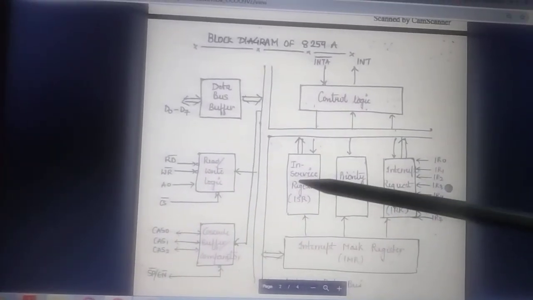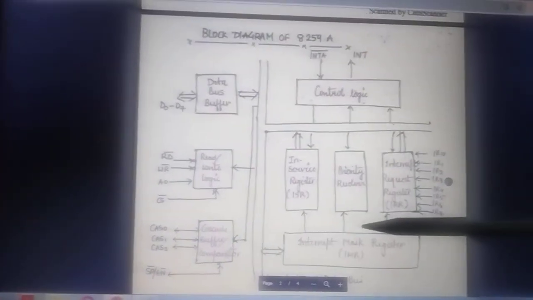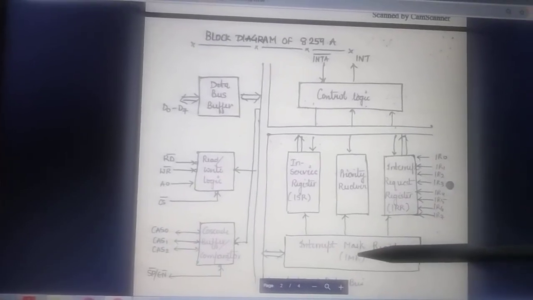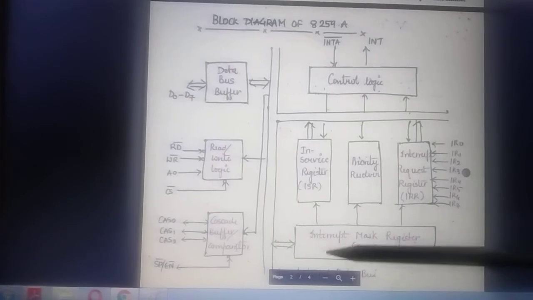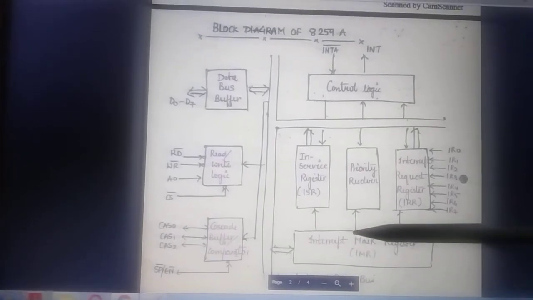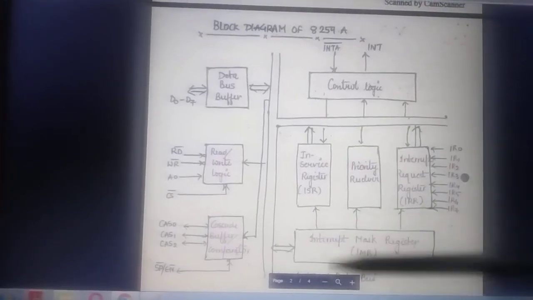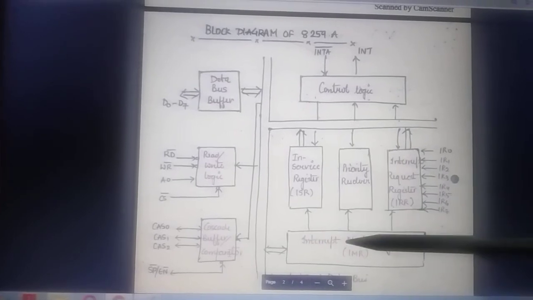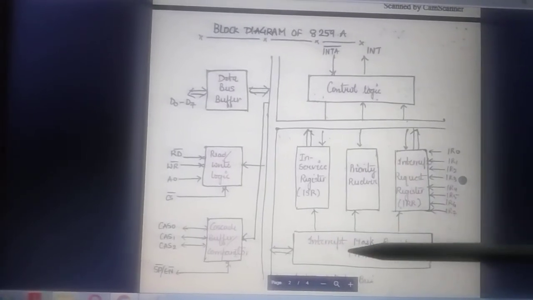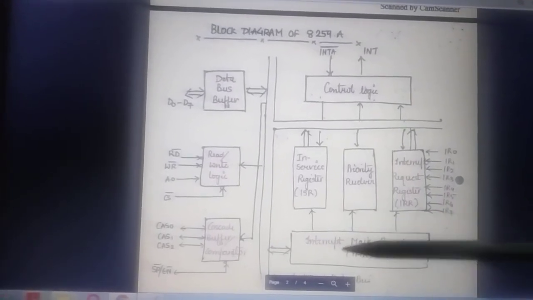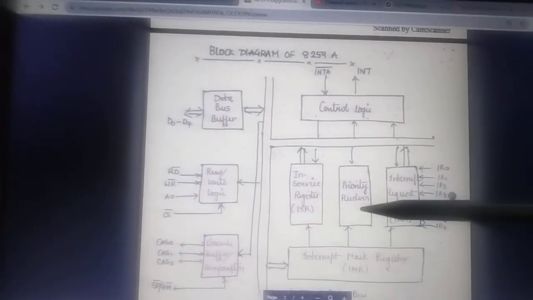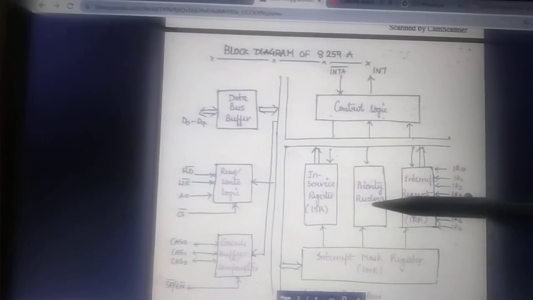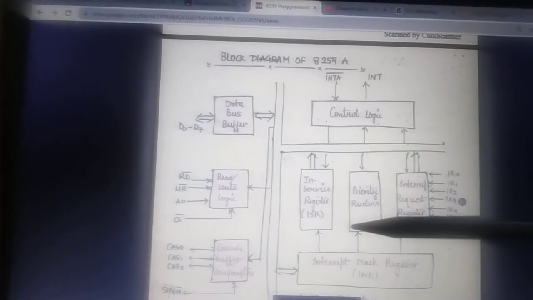But before servicing, if we want to mask that interrupt, then the interrupt mask register has the capability to mask that interrupt before its processing. Masking means delaying or avoiding the processing of the interrupt. So this is overall the working of 8259 PIC with the help of its block diagram or architecture diagram.